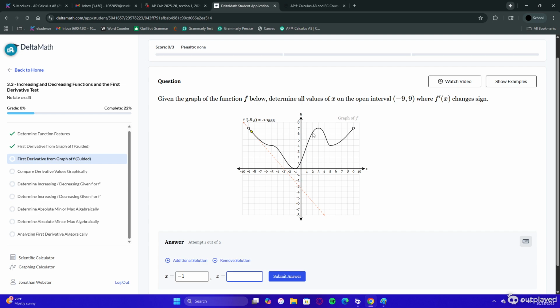And then from increasing it goes to decreasing again. So at x equals 3, it changes sign. And then decreasing from 3 to 5, and then at 5 it goes to increasing again. So at x equals 5, it's going to be changing sign again.